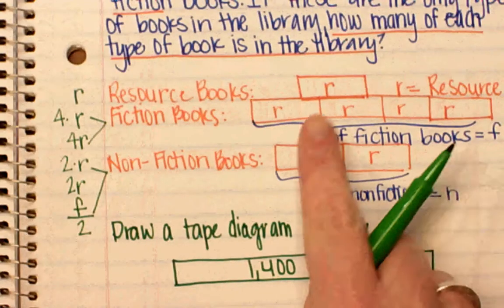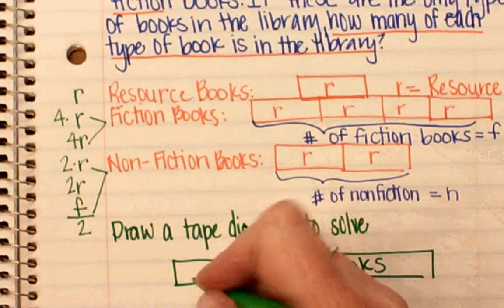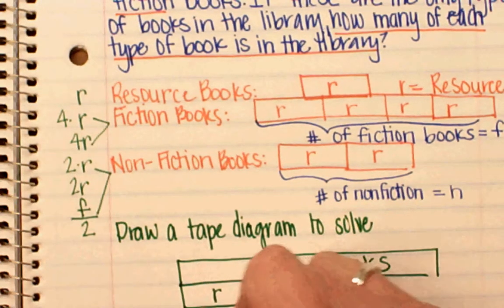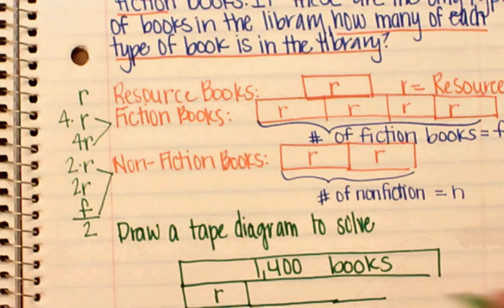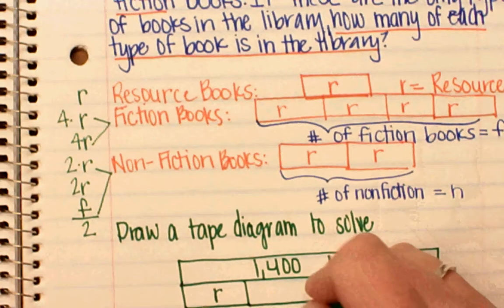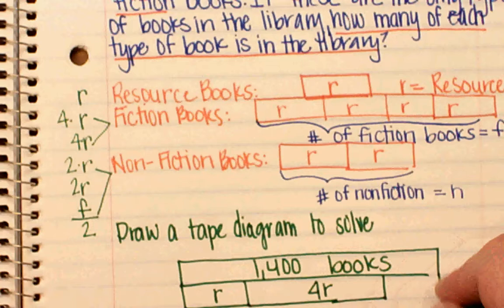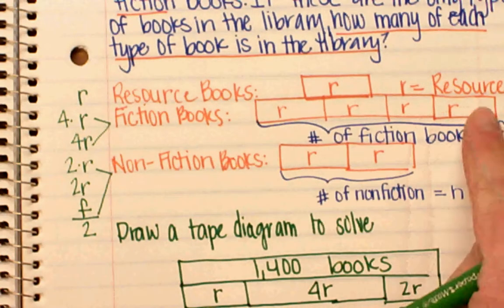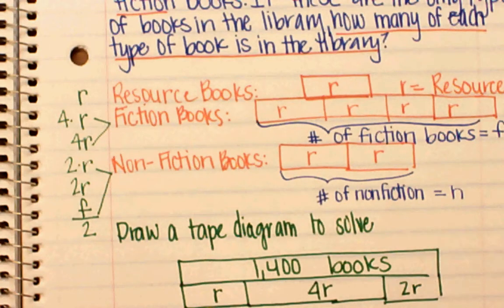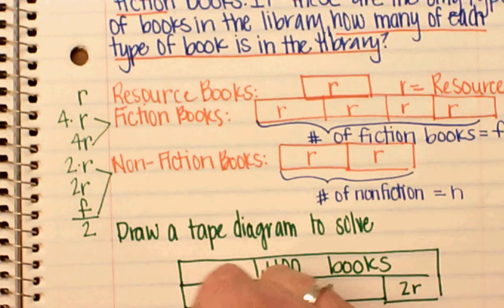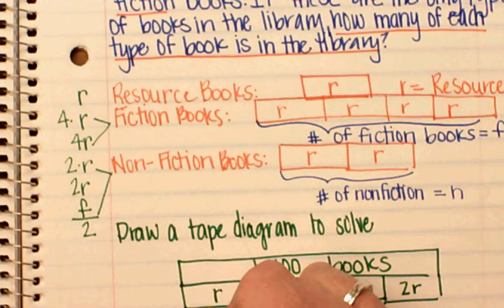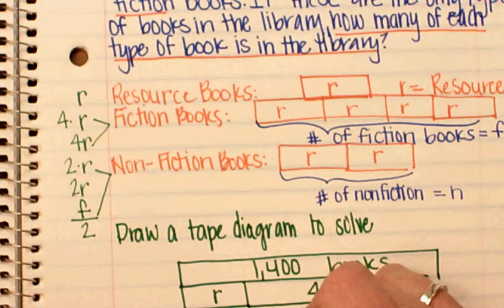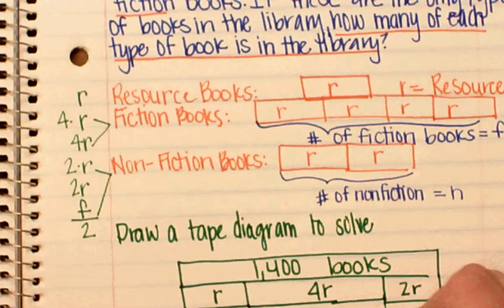I know that there is one box that's just R, one box represented by 4R, and one box represented by 2R. The 4 coming from the 4 boxes in fiction, the 2 coming from the 2 boxes in nonfiction. So this is resource books, fiction, and nonfiction.